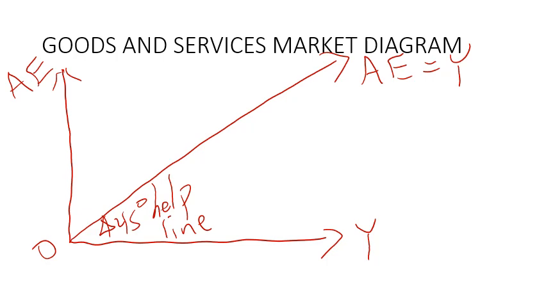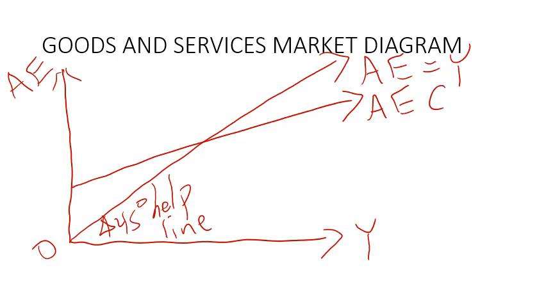Now, what we do nextly is we take all of these numbers, these equations, and we put together this line, which we are calling a curve, aggregate expenditure curve. All right. Now, where does the curve start? It starts here. It starts at this point here, which we designate as autonomous aggregate expenditures.